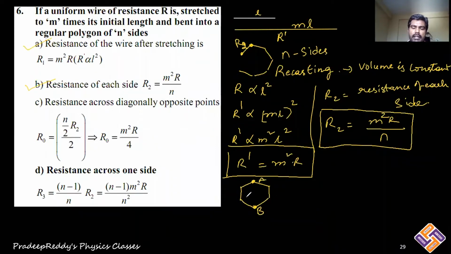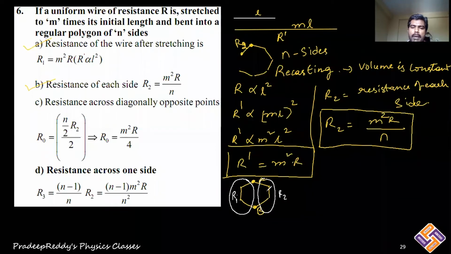I have drawn a hexagon here. n is equal to 6 in this case because this polygon has 6 sides. A and B are the diagonally opposite points. I want to now find the effective resistance. So how to find the effective resistance? Check it up. This total becomes R1. This total effective resistance becomes R2.